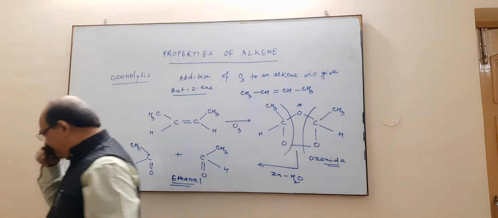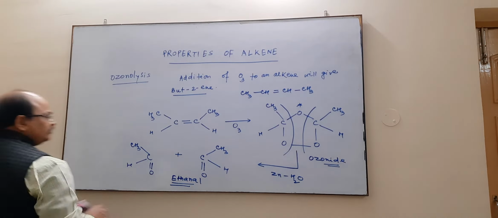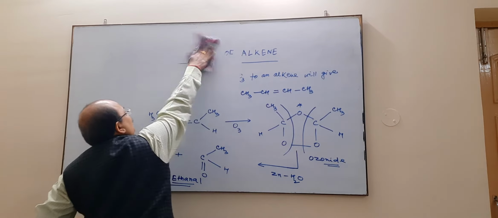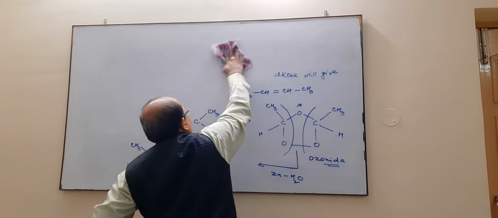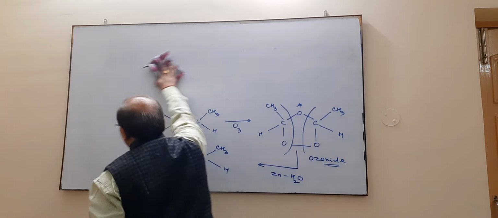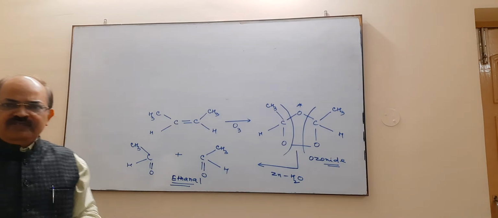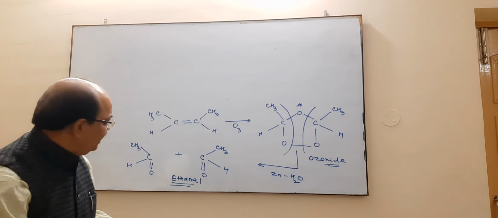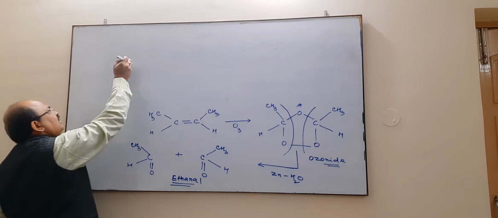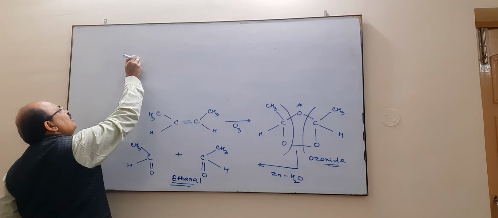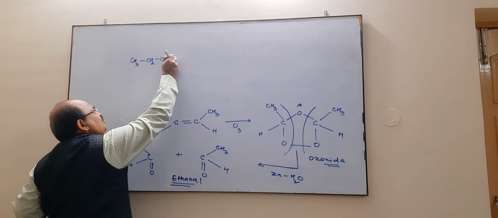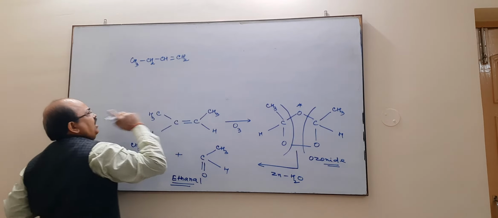Now in place of but-2-ene, suppose we use but-1-ene. One is but-2-ene, another is but-1-ene. So but-1-ene is CH3, CH2, CH double bond CH2.